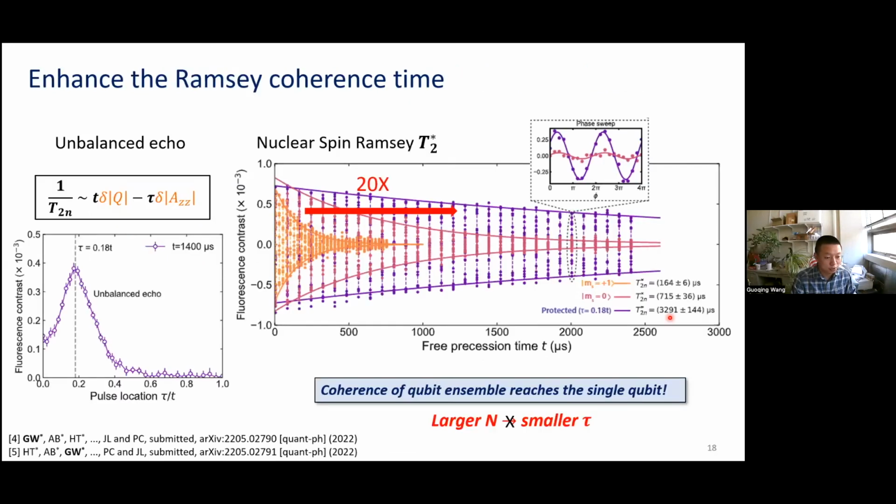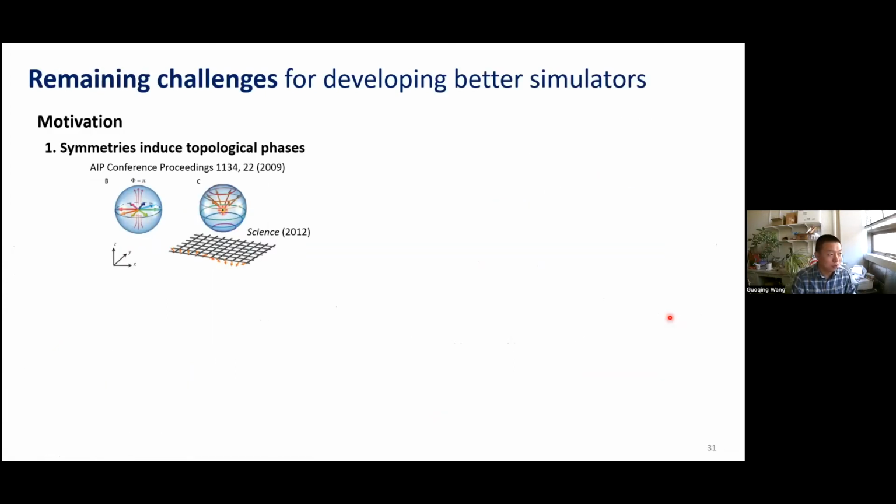Okay, so that's all of the introduction about the quantum sensors, and now let's switch gears to the introduction of the quantum simulators that we built. What's the motivation here? The basic motivation is that different symmetries will introduce different topological phases.